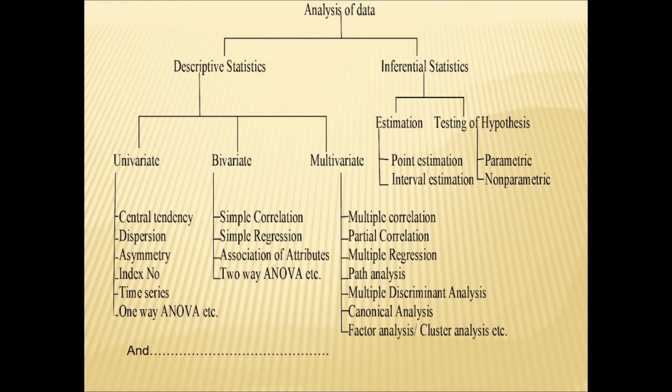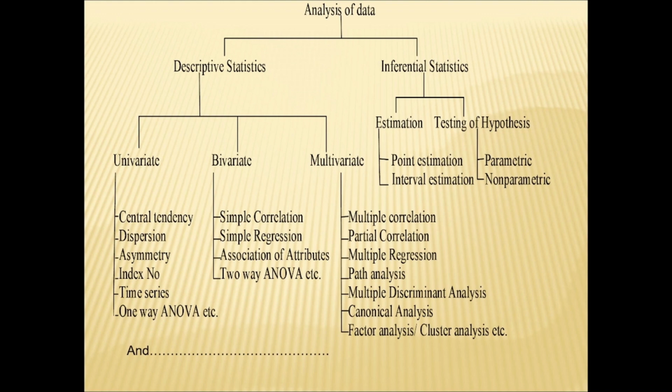So dispersion and central tendency are the two faces of the same coin. One is central tendency, the central value, and the other is how much the data are dispersed. These two measures give you an idea of what type of analysis you should follow in a further stage and about your data.